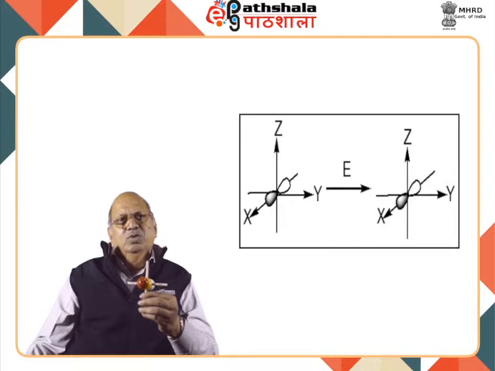That is, px goes to px. And we can say that E has +1 effect on this px orbital. Or we can write this equation as E px goes to px is equal to, within bracket, +1 px. That is, when the orbital does not change by the symmetry operation, we give it as the +1 effect. If there is no change, the effect is written as +1 effect of this symmetry operation.